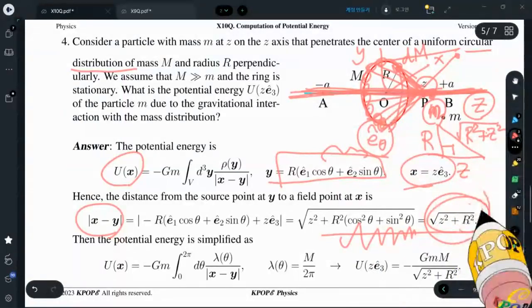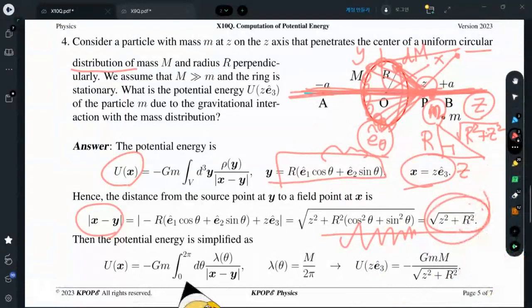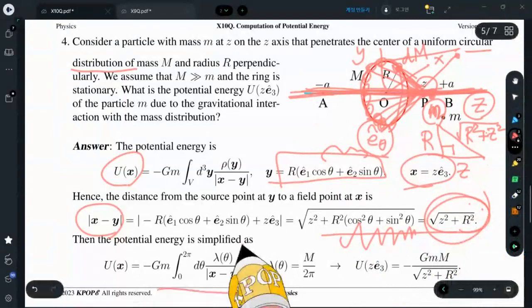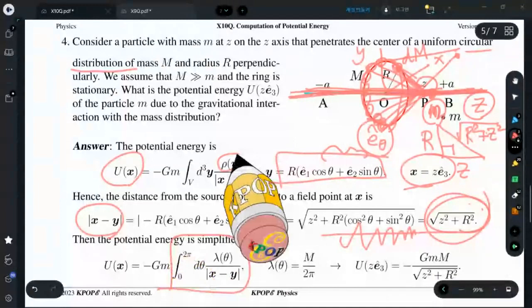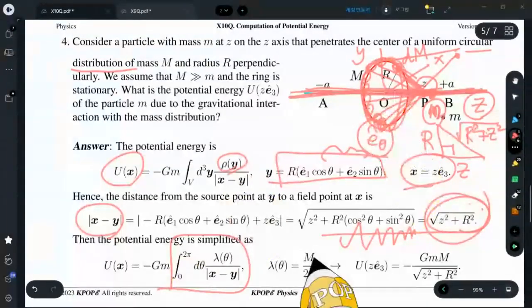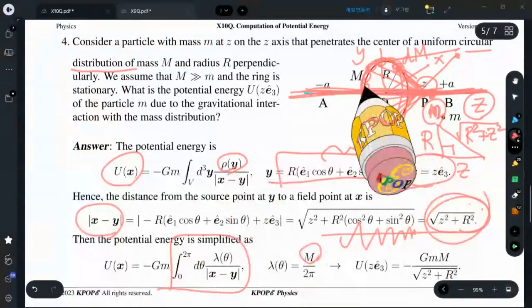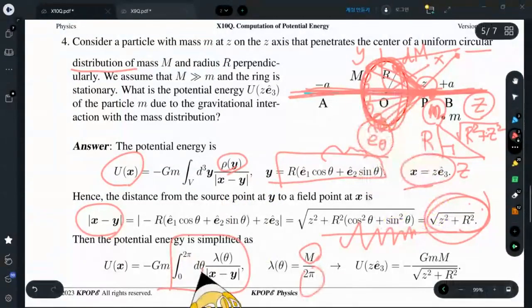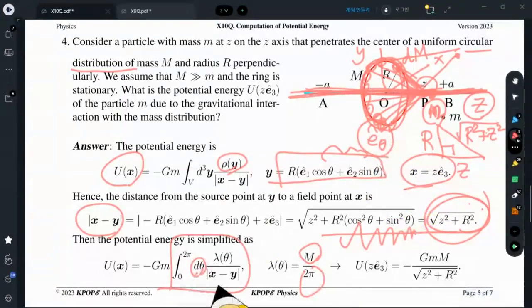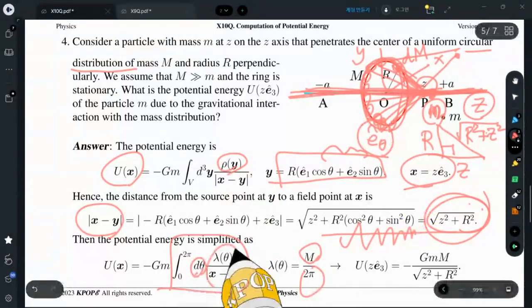That's fine. And then we carry out the integral. Density, this is a capital M distributed over 2 pi azimuthal angle. By the way, this integration is trivial. The integrand is independent of theta.